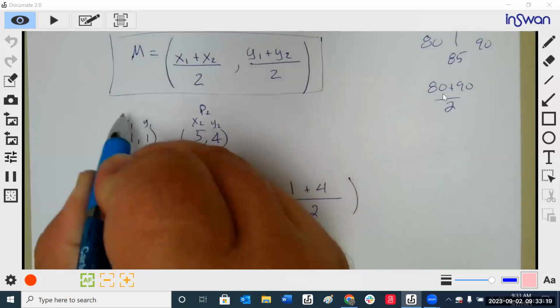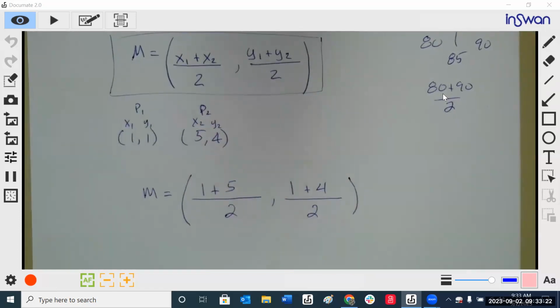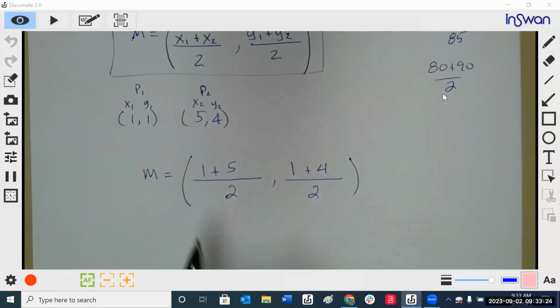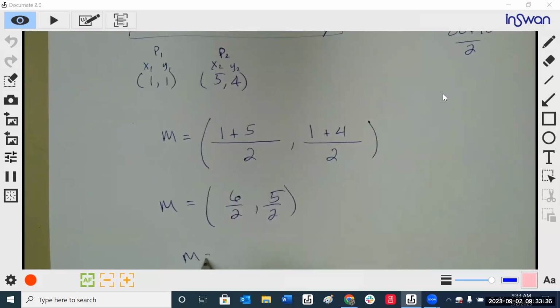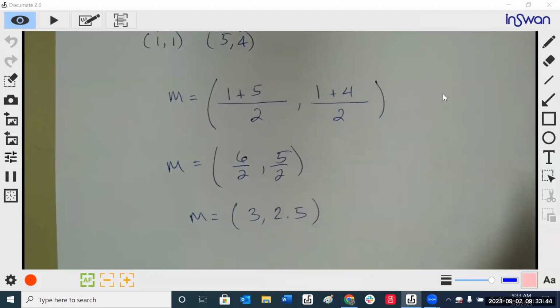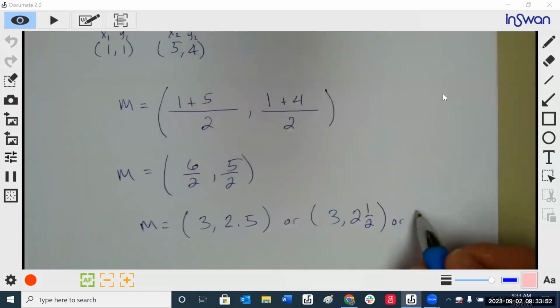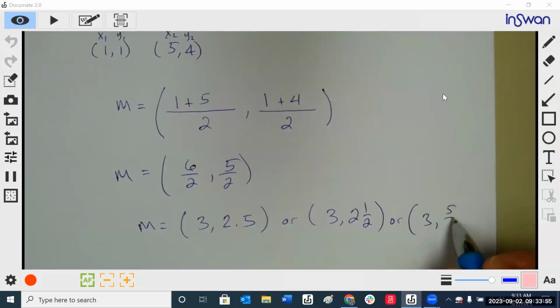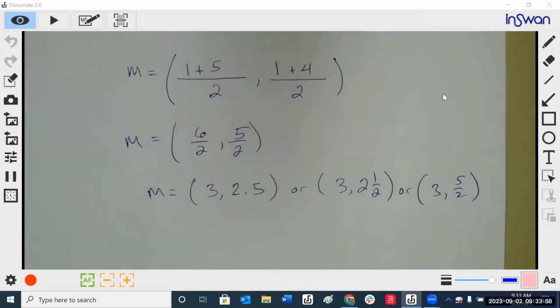Remember, the x's and y's relate to points 1 and 2. 1 plus 5 is 6. 1 plus 4 is 5. 6 divided by 2 is 3. 5 divided by 2 is 2.5, or 2 1/2, or any one of those.